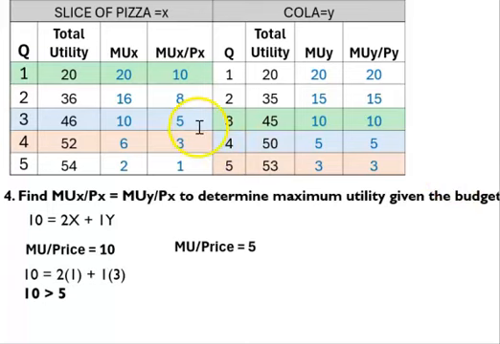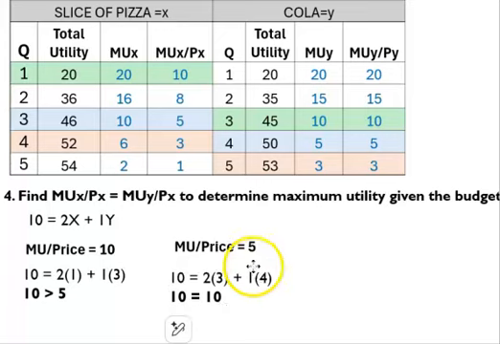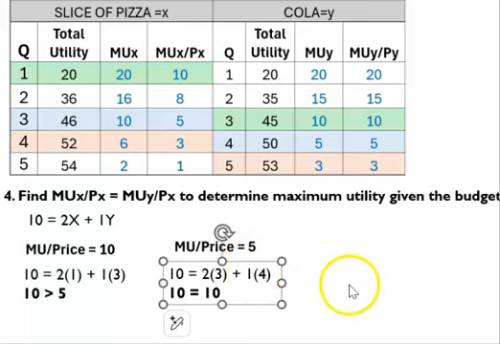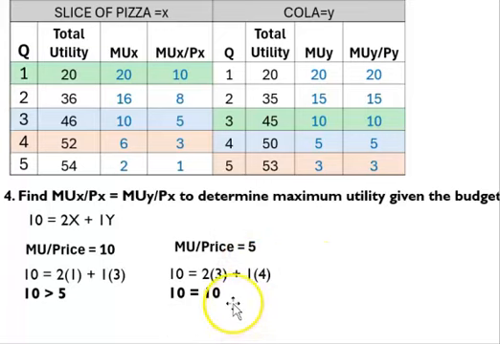At MU divided by price equals 5, we have 3 slices of pizza and 4 collars. So when we substitute it into our equation, it's 10 equals 10. It looks like our boy maximizes his utility here when MU divided by price equals 5.